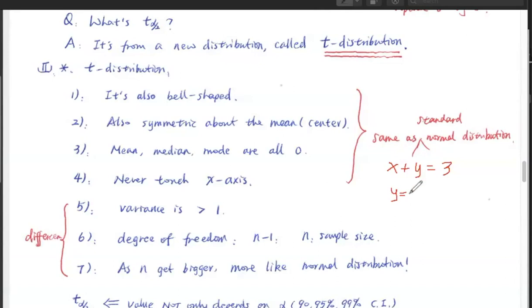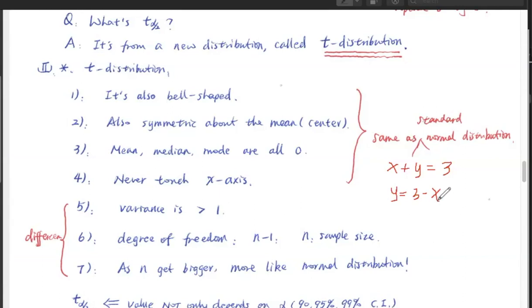If I try to solve this, I will get y is equal to 3 minus x. So what does that mean? That means if you ask me what's the value of y, then you need to tell me what's the value of x first. Is that right?